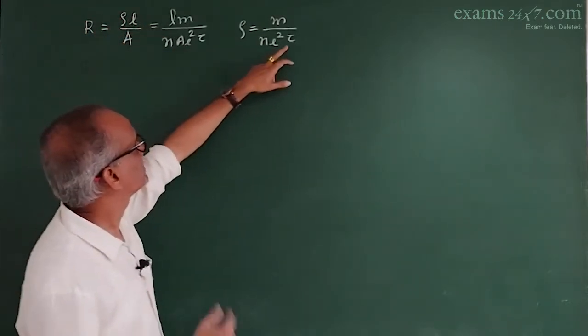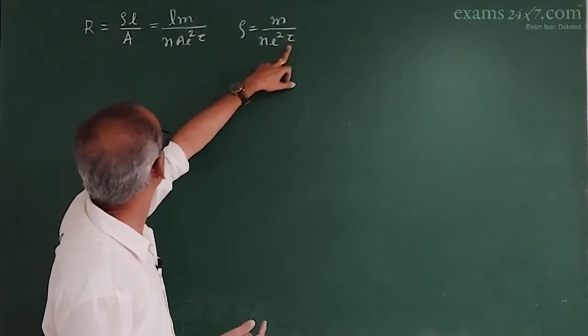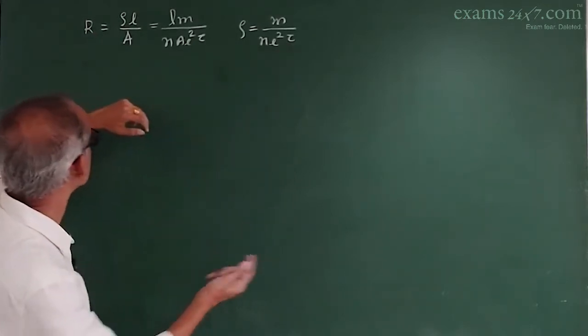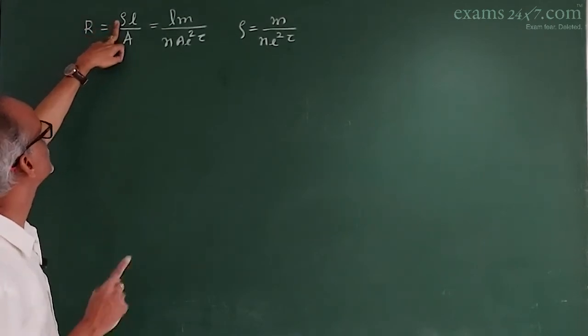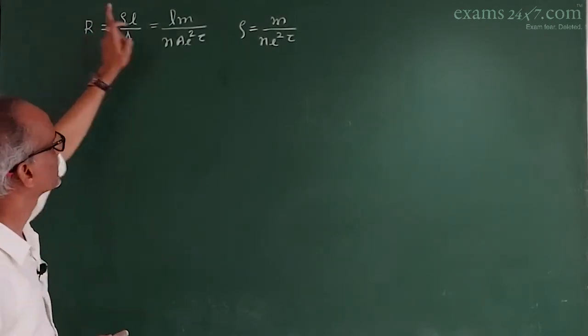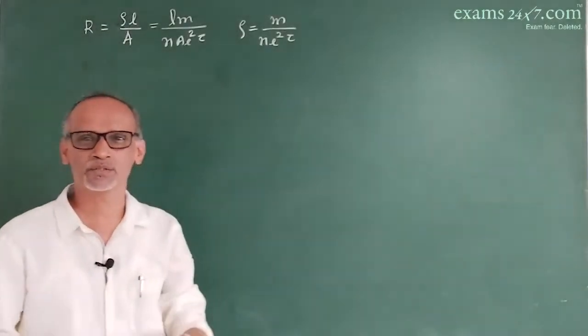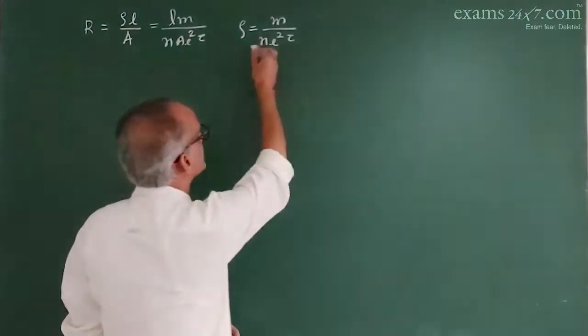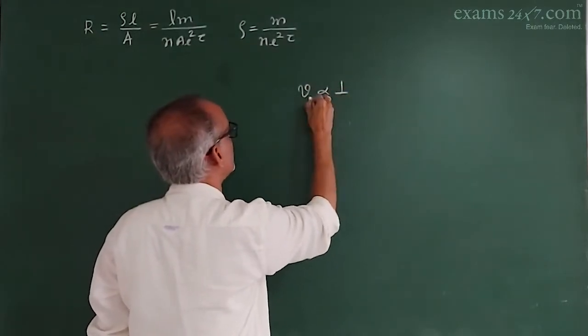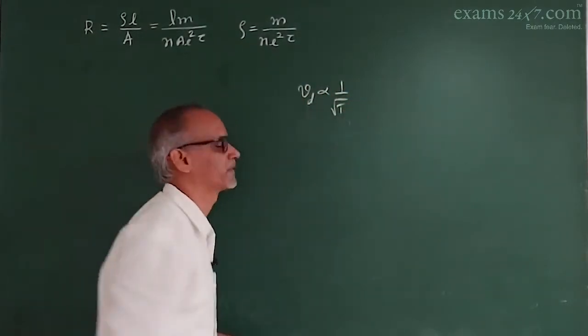One minute. With increase in temperature, resistance increases and the resistivity also increases, correct? Which means the relaxation time has to decrease because it's inversely proportional. So let me make things clear here. Drift velocity is inversely proportional to the square root of T, right?